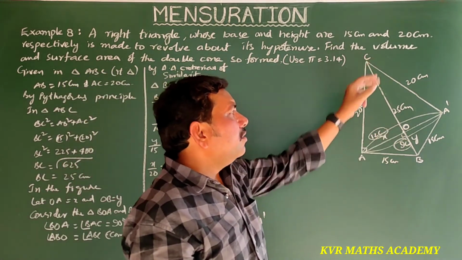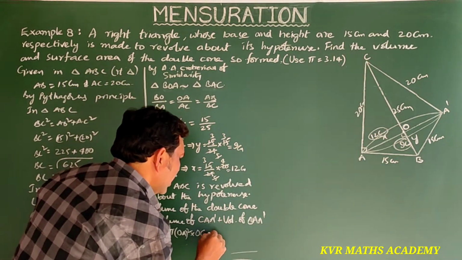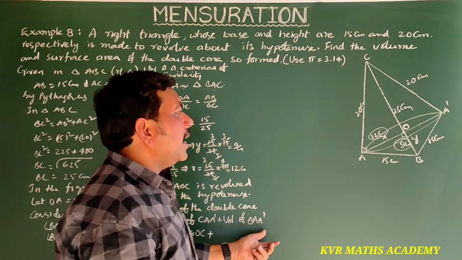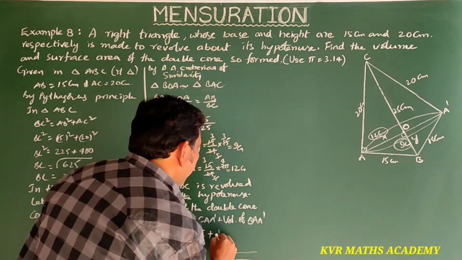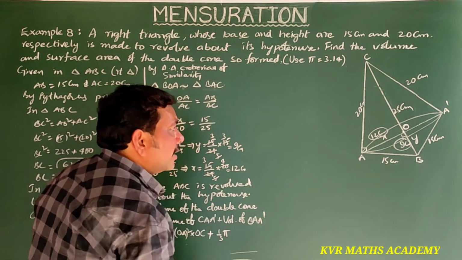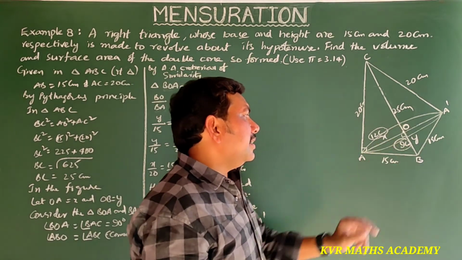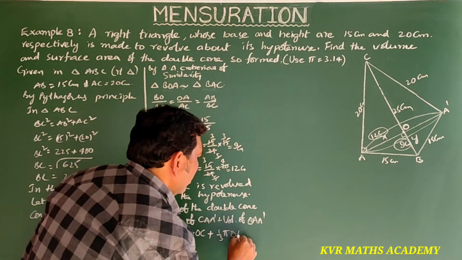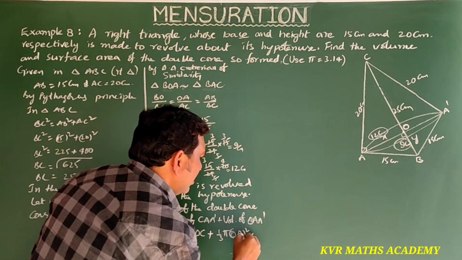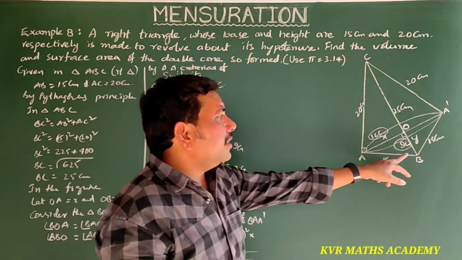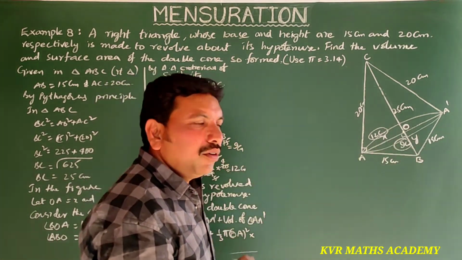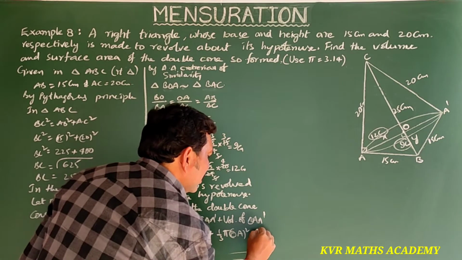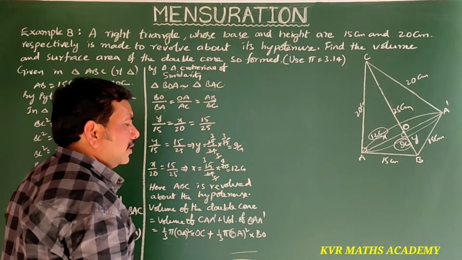Height is here OC, plus volume of BAA dash. Here also 1/3 pi r square, which is OA square into height. Height is how much? Yes, OB is the height.